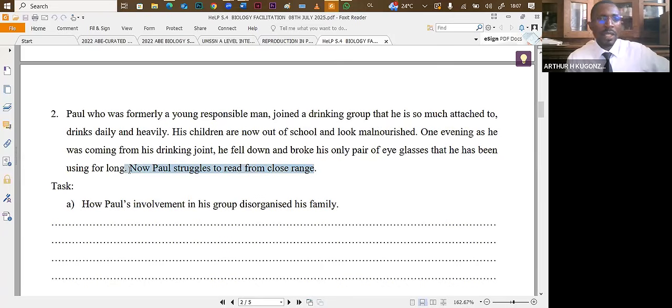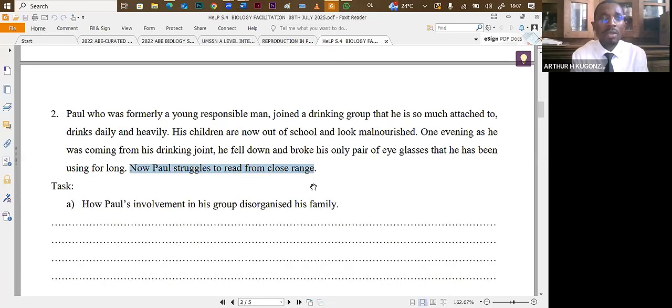What does it mean? If I'm struggling to read from close range, does it mean that I can read things at a far distance?